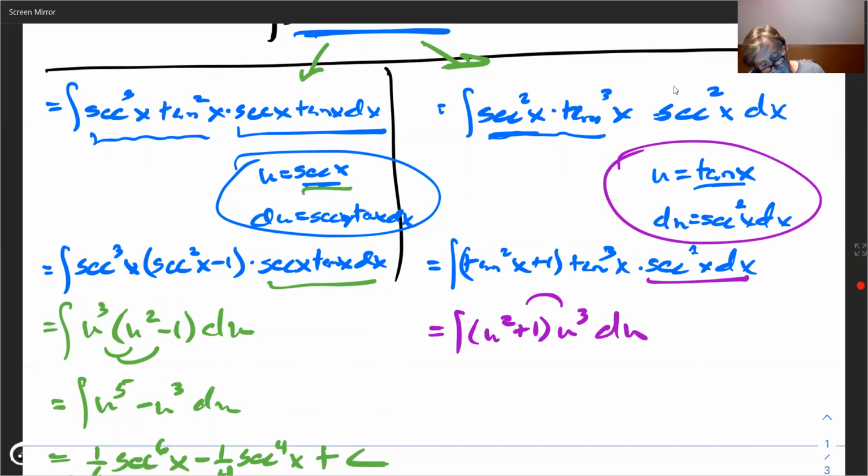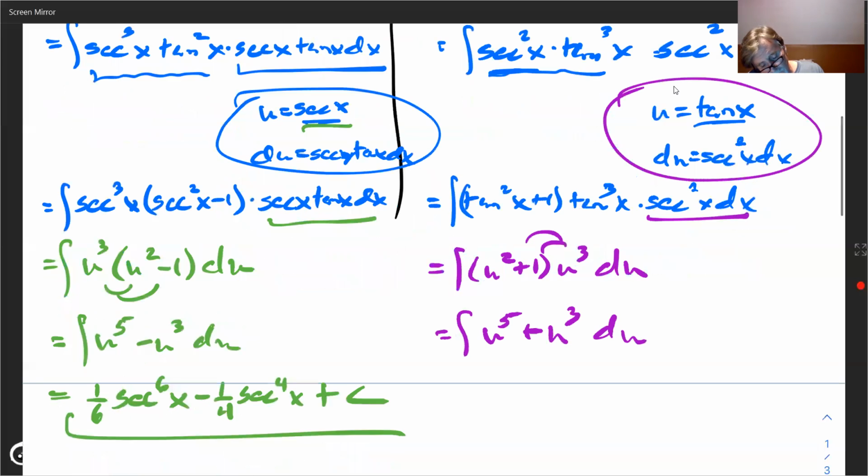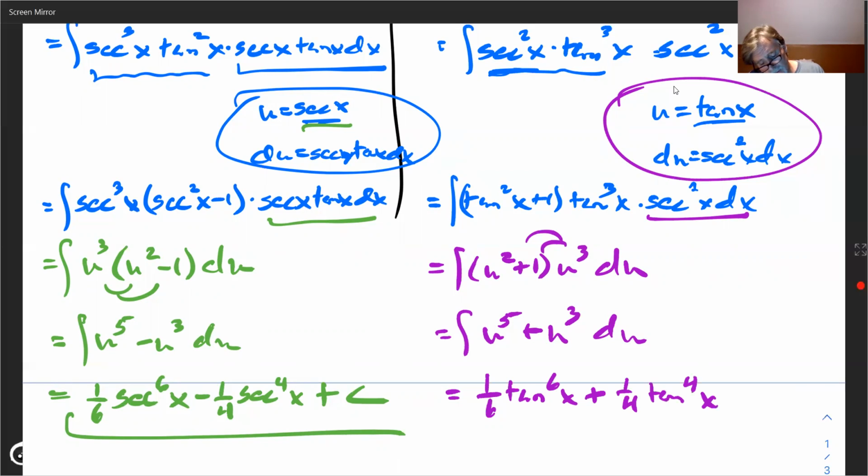And again, you distribute, you get integral u to the 5th plus u to the 3rd du, and we're off to the races. What we have is integrating that, we have 1/6 u to the 6th, but this time u is tangent. Tangent to the 6th x plus 1/4 tangent to the 4th plus c.